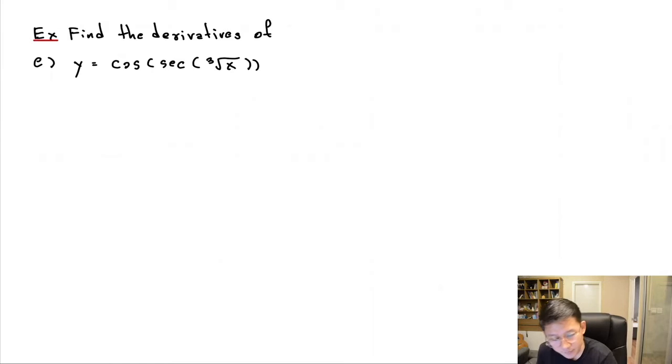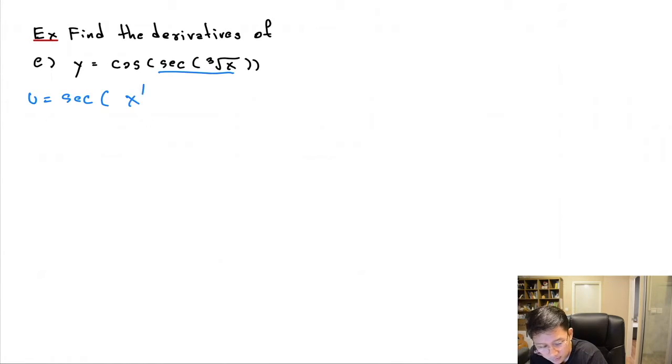Okay, guys, again, we don't know how to differentiate this function, but if I let u be sec of x, like that, so I know that y is cos u.